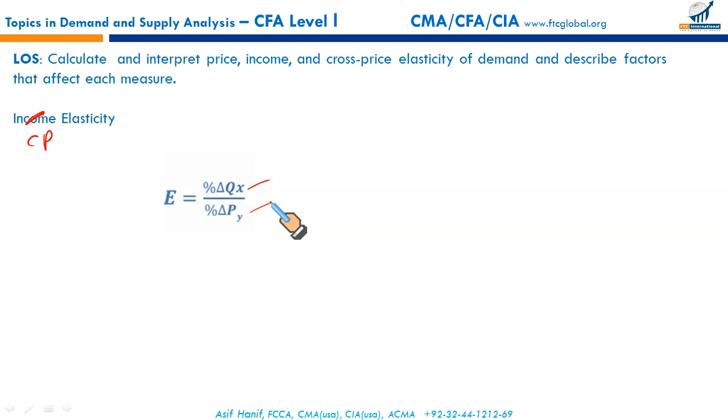What does it measure? Let's take some hypothetical numbers. Let's consider the price of Pepsi, because they're very close substitutes. So the price of Pepsi is rupees 50, right? At this price, I purchase a quantity of Pepsi, let's say 100 cans in a month.